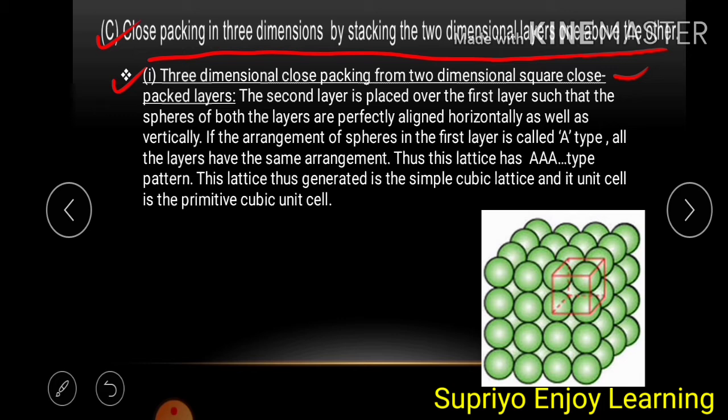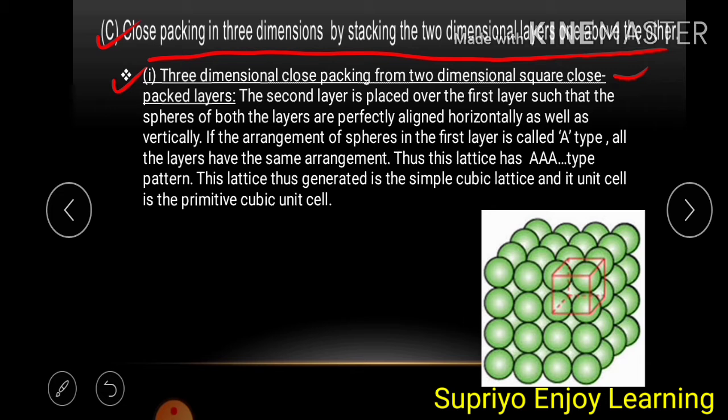If the 2-dimensional square close packed layers are placed such that the spheres of the second layer are just above the spheres of the first layer, then that square close packed structure is obtained.